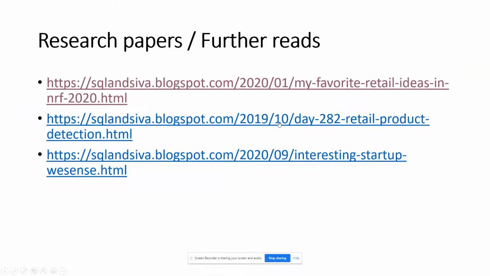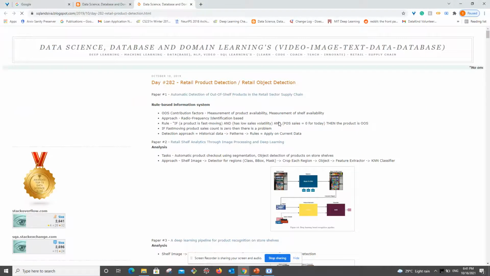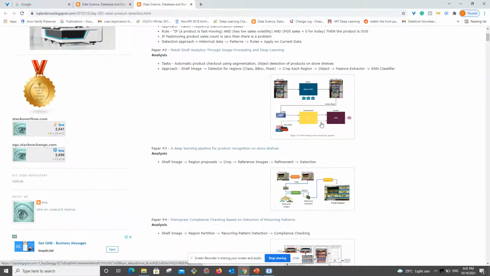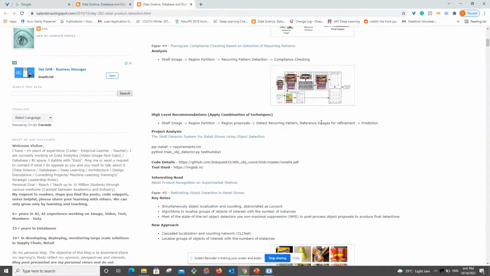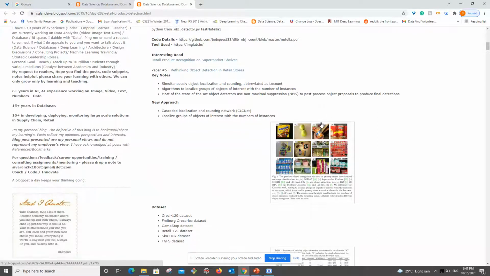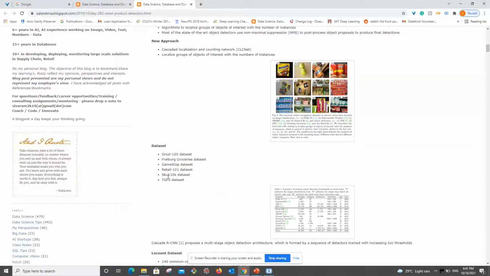In terms of research, we do have a collection of papers. These are some of the papers we have looked through, where you identify the area, then apply the model to find the region, and then detect the product. We can refer back to the collection of papers and the different techniques used for detailed implementation, and also analyze the different datasets you can look at.